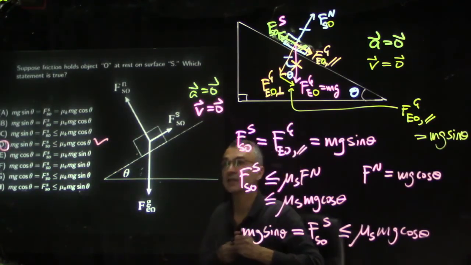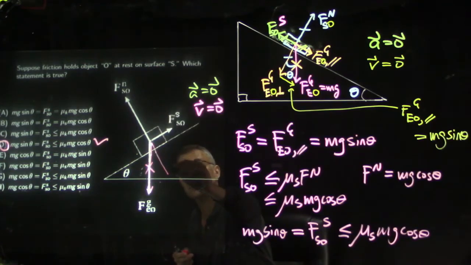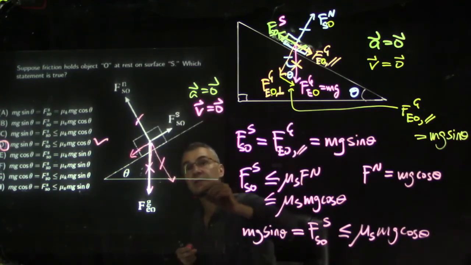What that's saying is that if you take this gravity arrow and cross it out, and then decompose it into a component into the inclined plane, that's the component that balances the normal force, and then you have this downhill component of gravity.